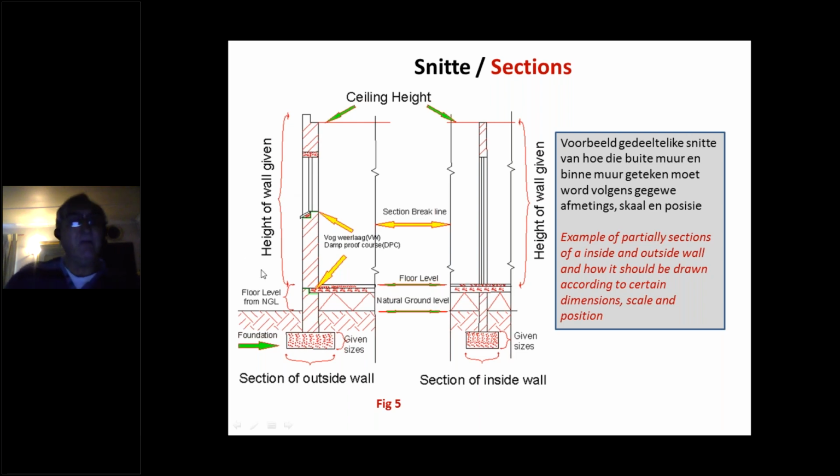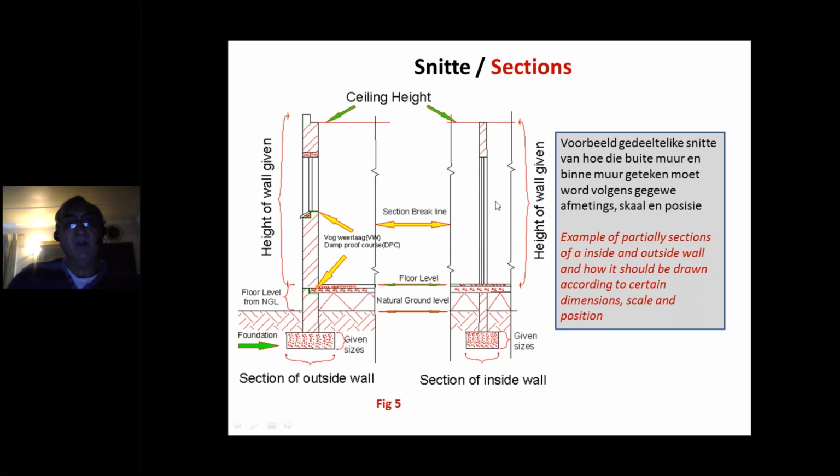Now in grade 11, what you did in grade 10, you'll now add the height of the wall given, and add a window or a door. In this case, it's a window. The window can be on different height levels.